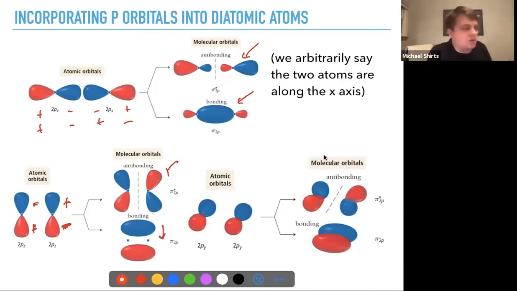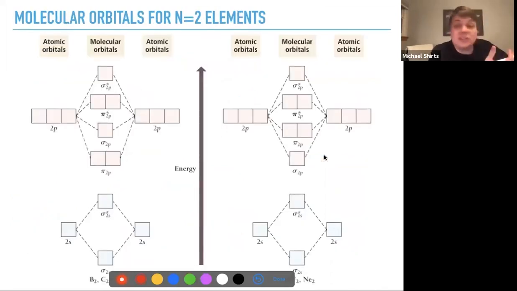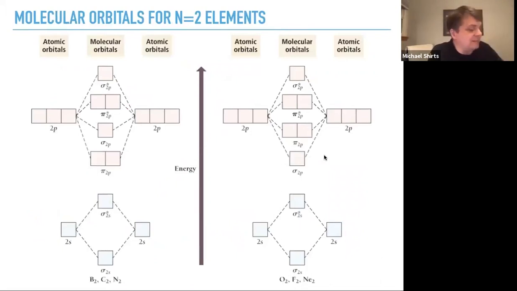Okay, so those are the p orbitals. We have sigma bonds from the 2px and pi orbitals from the 2py, 2pz. So this is what the molecular orbital diagram looks like in this case. There's actually a subtle difference here. Most of these are the same, but there's one difference that I'll show you.